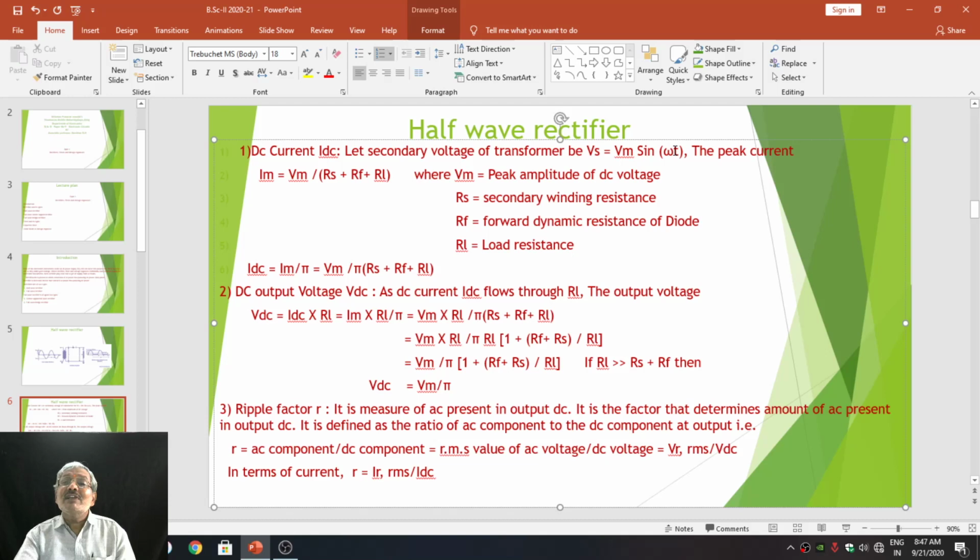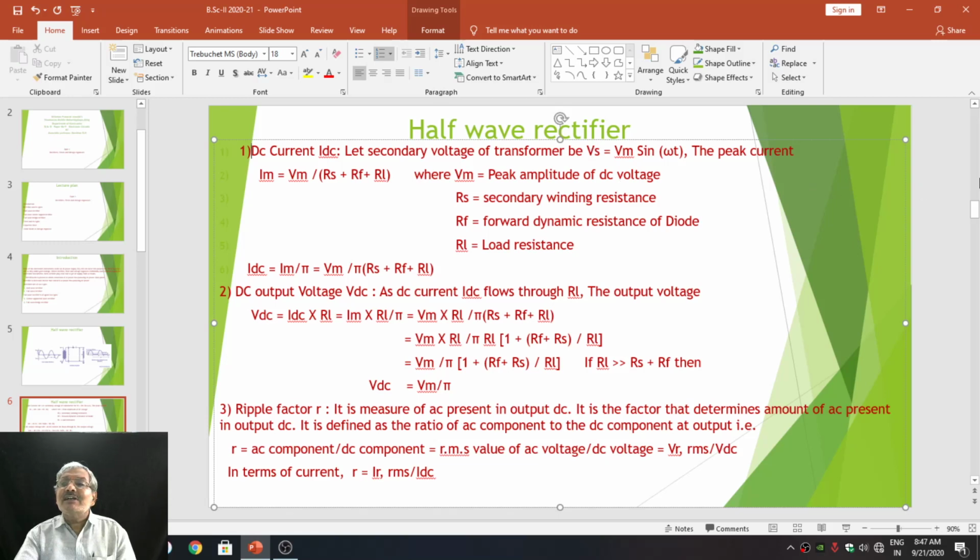F is the frequency of the AC, and that is 50 Hertz, where Vm represents the maximum peak amplitude of the secondary voltage. Vs represents the voltage across secondary winding.